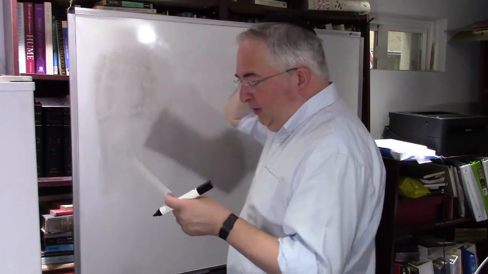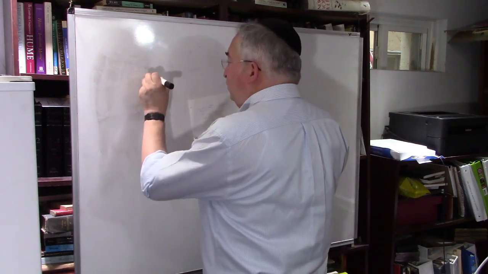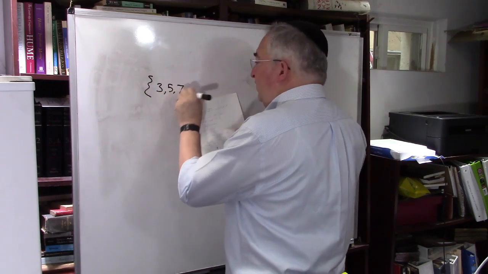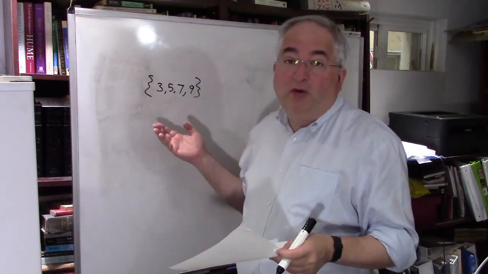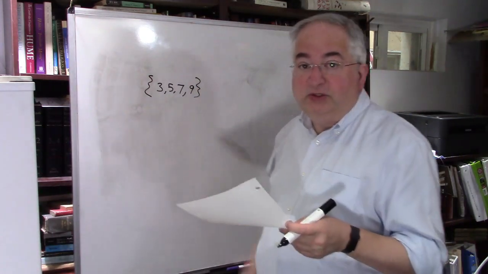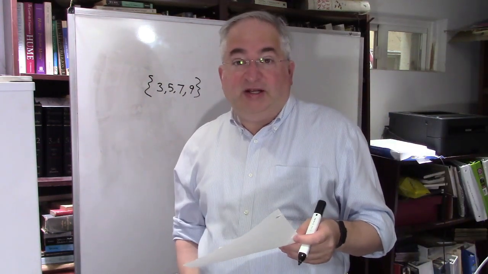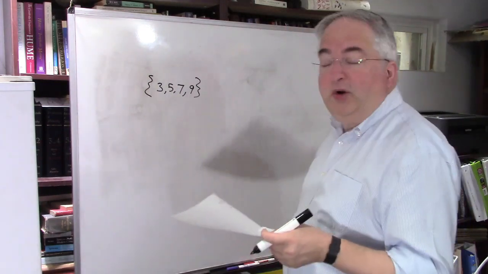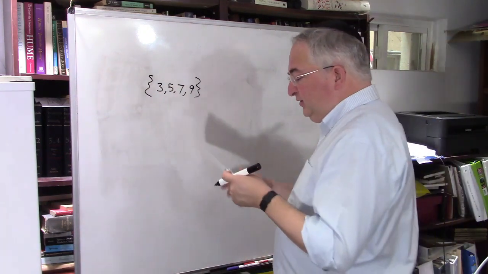Okay? Now, there are two ways to write sets, and I showed this before. You could talk about 3, 5, 7, 9. You can talk about a set by listing off the elements, and so we can do that. Okay, and again, what happens if the set is infinite? It's hard to list off the elements on a finite board, but you have to understand that.